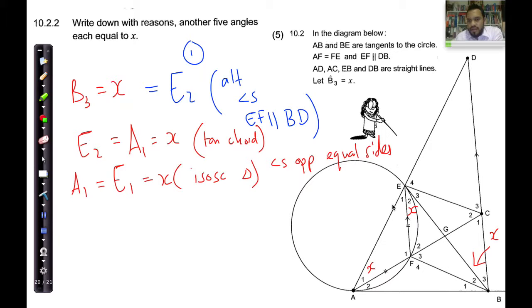Okay, now if we look very carefully, I've got one angle, E2, I've got A1, and I've got E1 that are all equivalent to x. Right, so there we go, there's another one, also x. Now, if you look carefully, remember these are parallel lines. BD is parallel to EF.